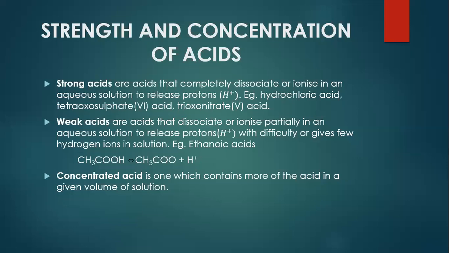Now, the point where you see that your garri soakings is so sweet, what do you do? You add water. When you are adding water, you are reducing the concentration of the sugar in your mixture. In doing so, we refer to that as diluting your solution or your garri soakings. So that gives us a diluted or dilute acid, which contains less of the acid in a given volume of a solution.